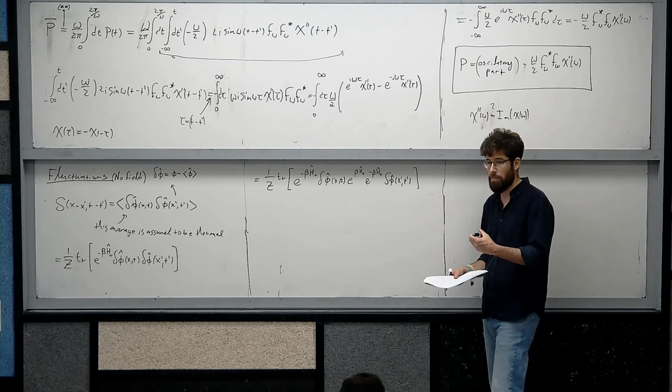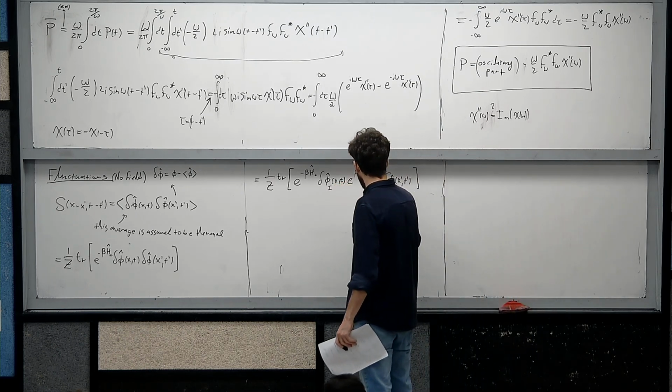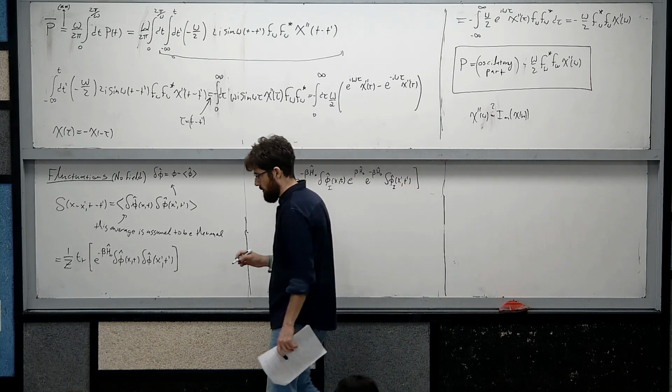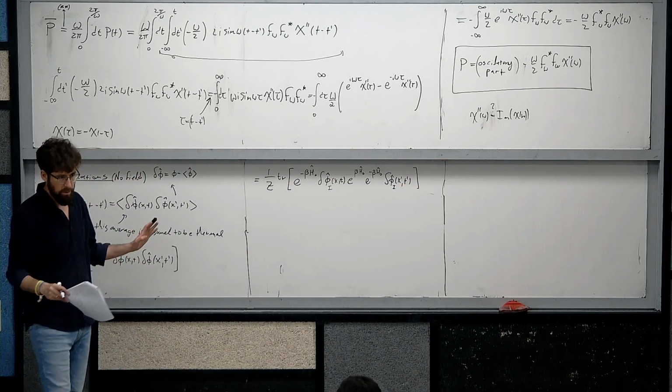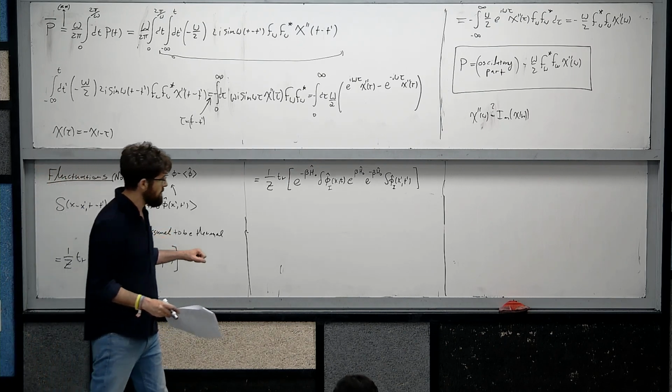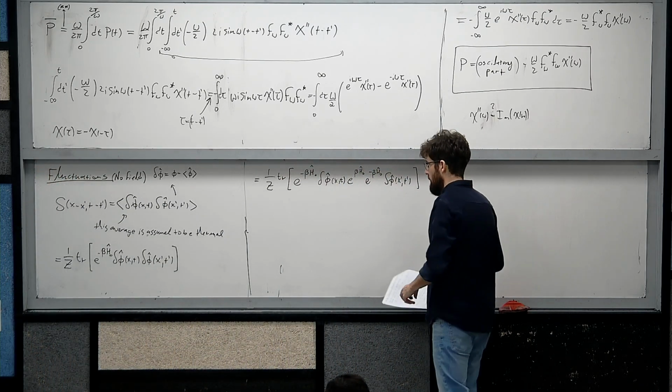Now I want to make that connection formal. You could write here an I if you want, but we're really thinking about fluctuations in an equilibrium system, so that's why I'm omitting this I.